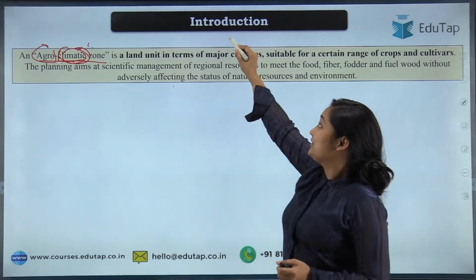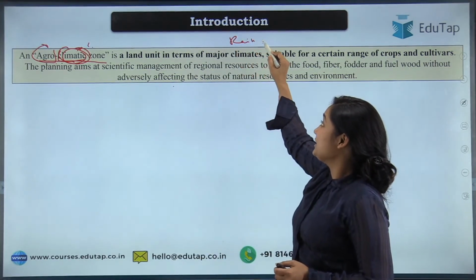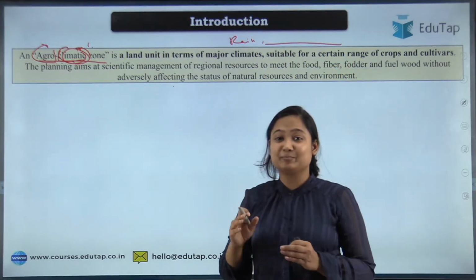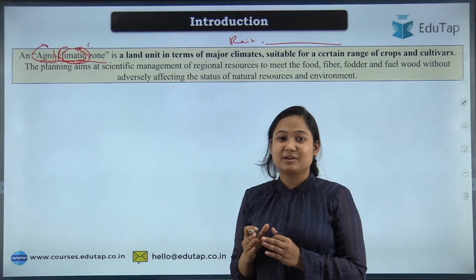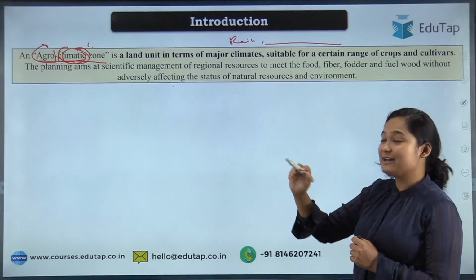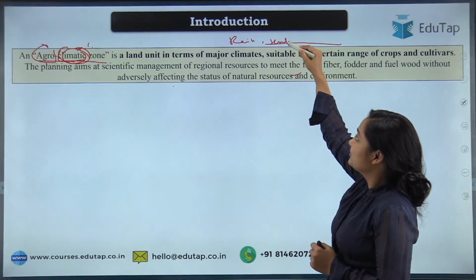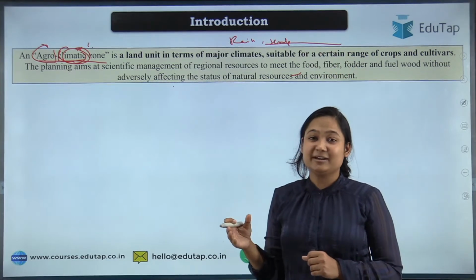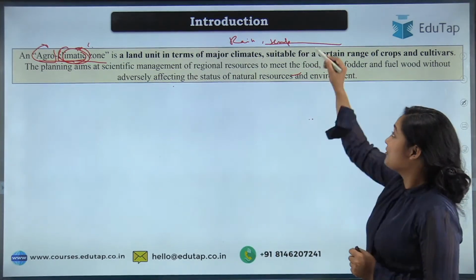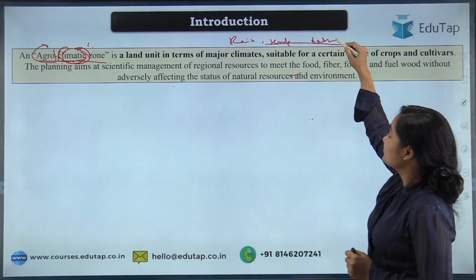I have given you the hint. Rain is important. The other thing important for your crops is, okay, I'll give you another answer. One can be temperature. The other thing can be, yes, the nature of your soil.